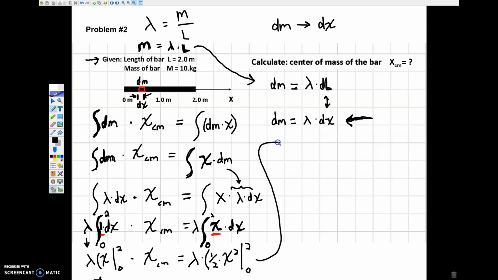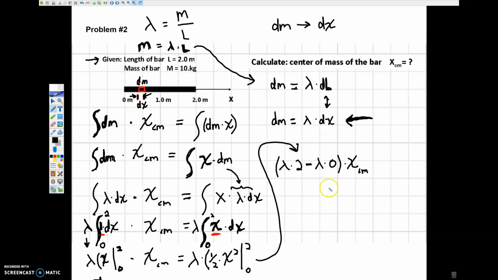So now I'll come up here. If I put in this 2 right here for x, I'm going to get lambda times 2. And then if I put in the 0 for that x, I would get lambda times 0, which of course is 0, and we could just drop that or not write that to begin with. And all of that is going to be multiplied by the x coordinate of the center of mass.